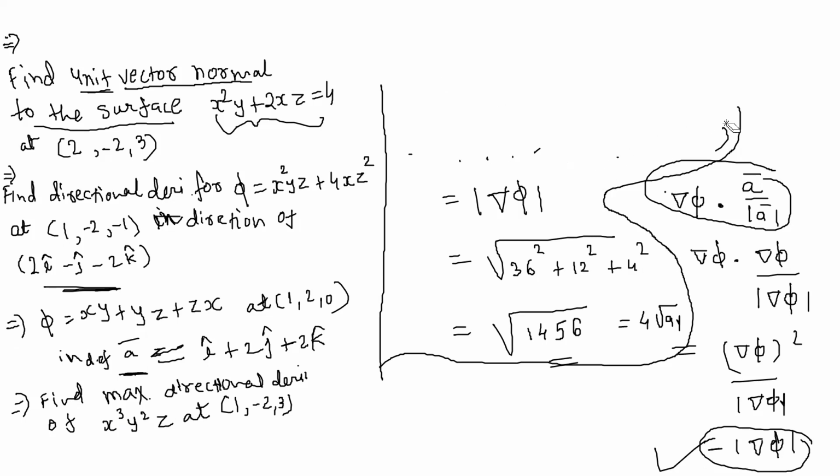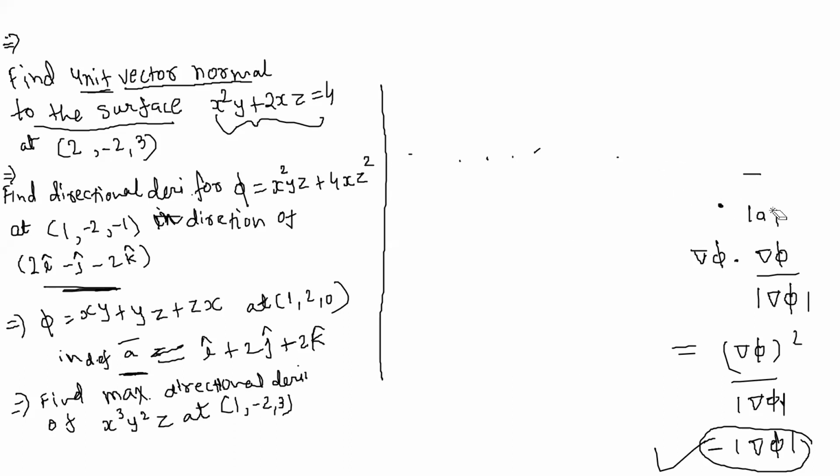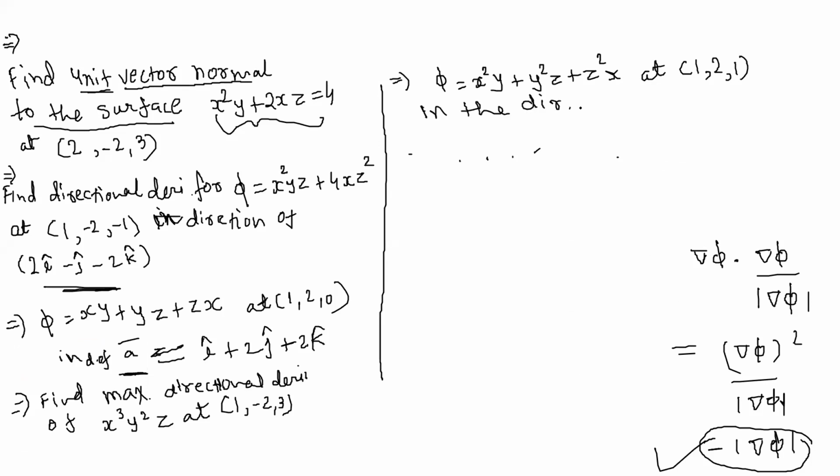Now next question. Write the question. Find the directional derivative of phi equal to x square y plus y square z plus z square x at 1, 2, 1 in the direction of... now listen to me.